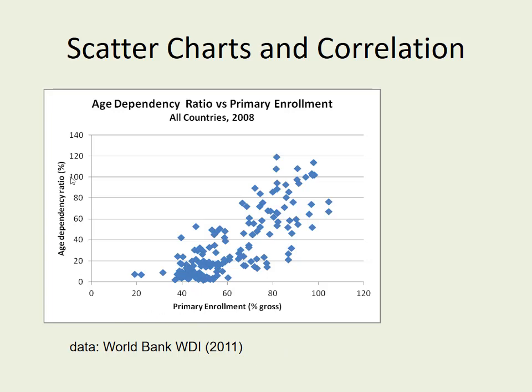So the more you go up here, the more people there are, mouths to feed, people to look after for every single person working. The more that goes up, the more primary enrollment goes up. And you can see there's a pretty strong pattern this way, a clear kind of upwards drift. So I describe that as a strong positive correlation. It's positive because it's going upwards, strong because it's pretty clear. You can ask yourself why we see that, but that's the next section on causality.